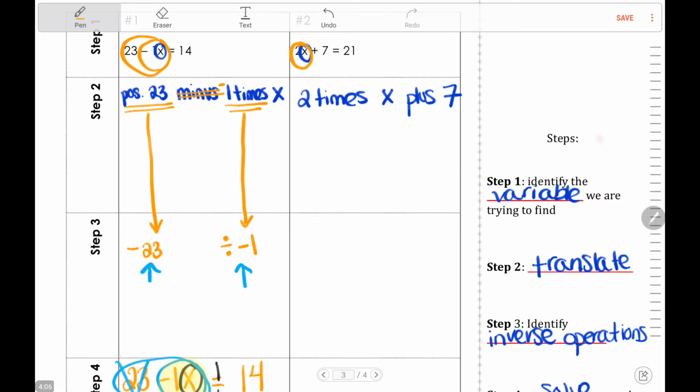The x is the celebrity. We got its bodyguard. That's bothering it. And then on the outside layer is our fans, or that extra number. So think of our inverses. 2 times, the inverse is division. And plus 7, our inverse is subtract.